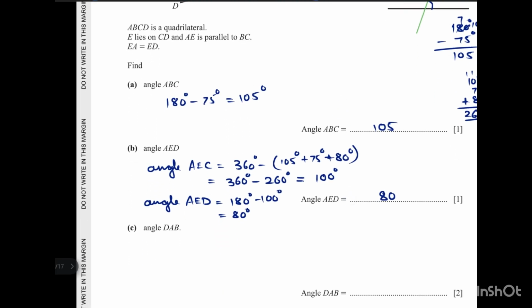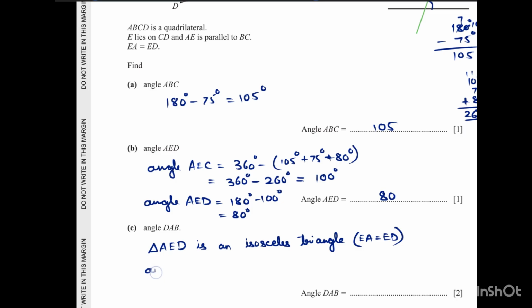So first you write: triangle AED is an isosceles triangle. Why? Because EA is equal to ED.